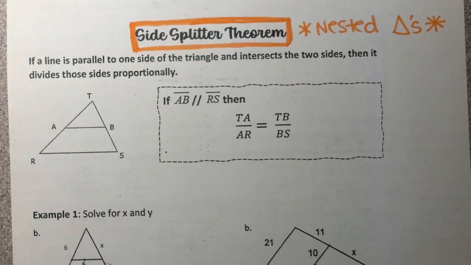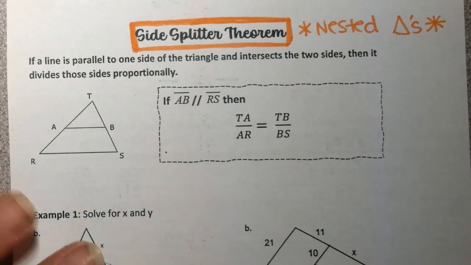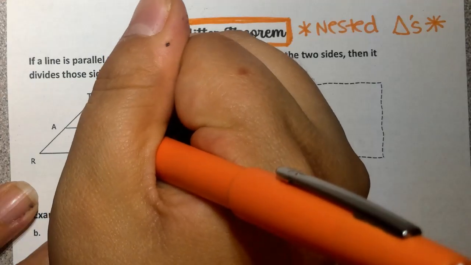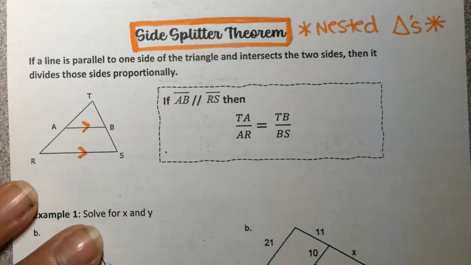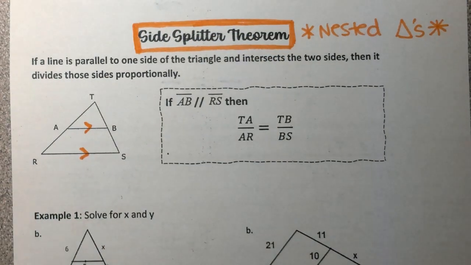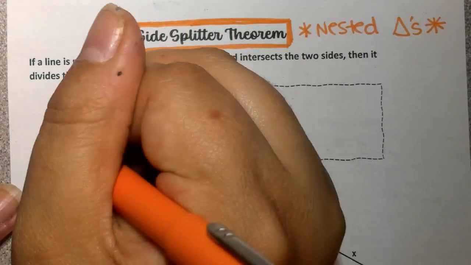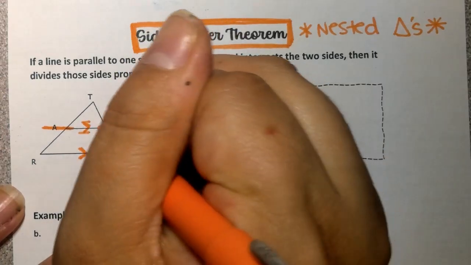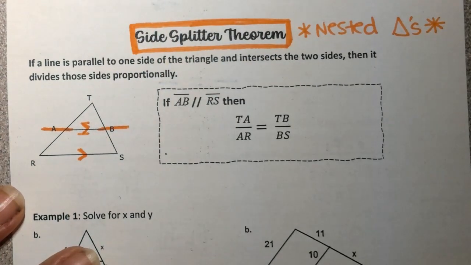And what the side splitter theorem says is that if a line is parallel, can everybody add the parallel sign right here? If a line is parallel to one side of the triangle and intersects the two sides, then it divides those sides proportionally. What that means is this right here divides with this right here.